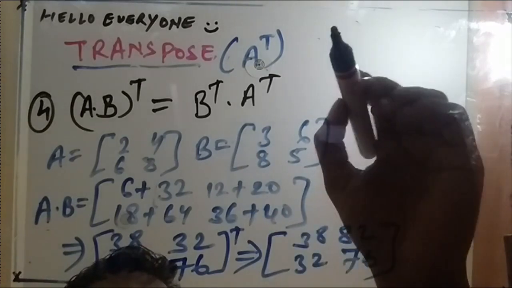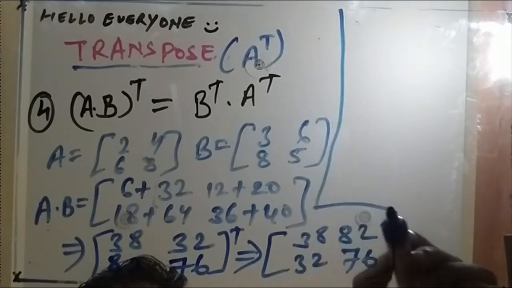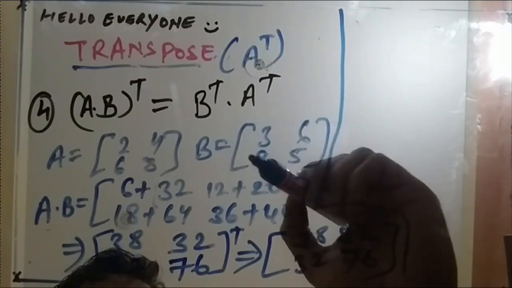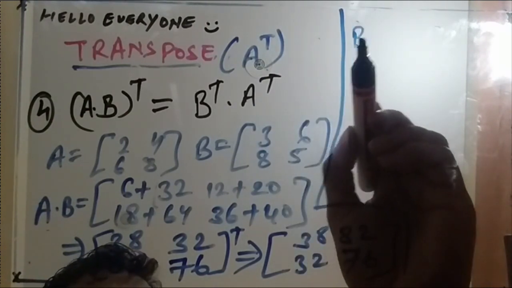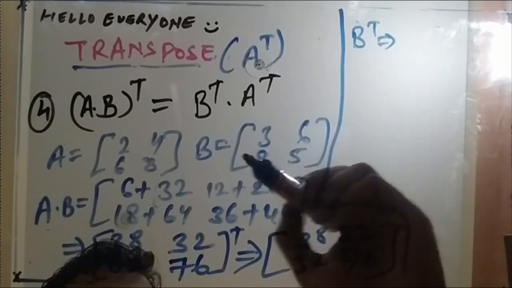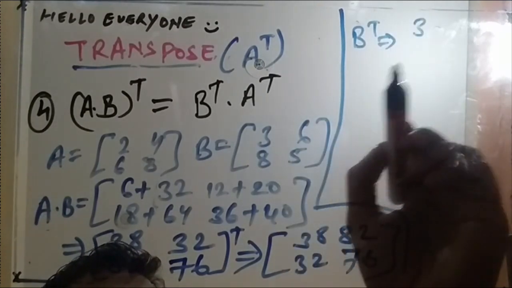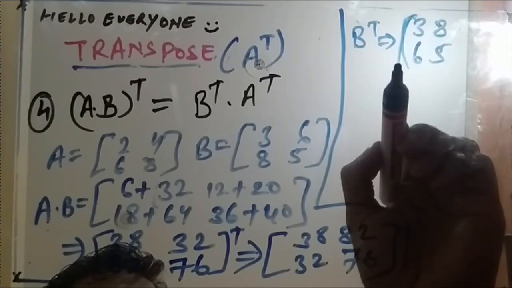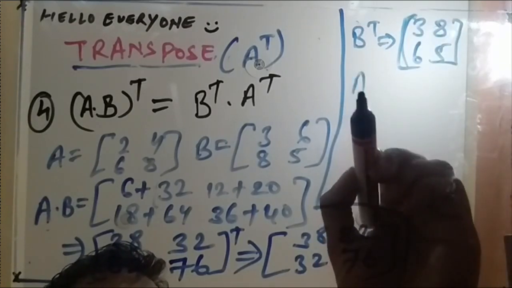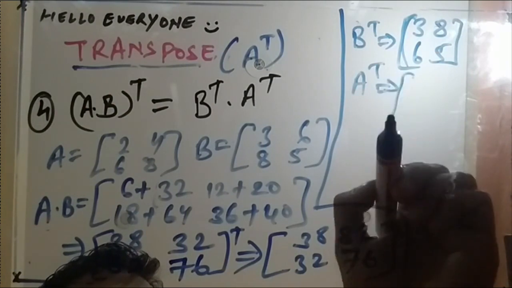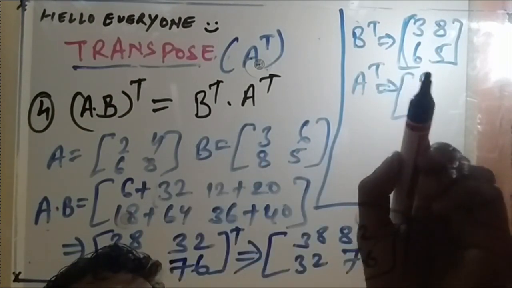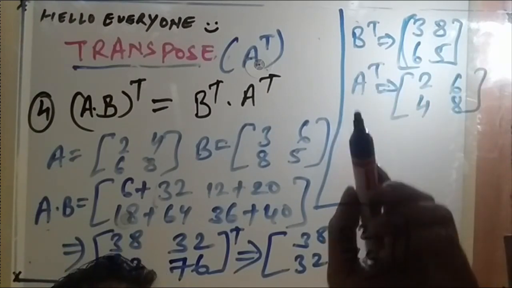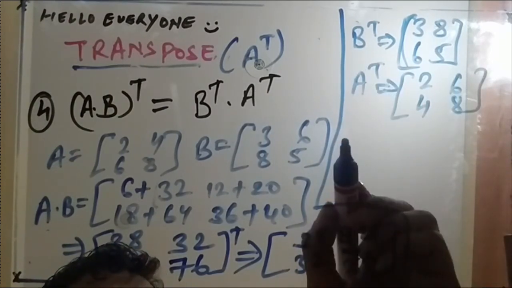Let's find the other side, RHS. For that we have to find the B transpose. So B transpose will be 3, 6, 8, 5. A transpose will be 2, 4, 6, 8. Let's multiply both of these.